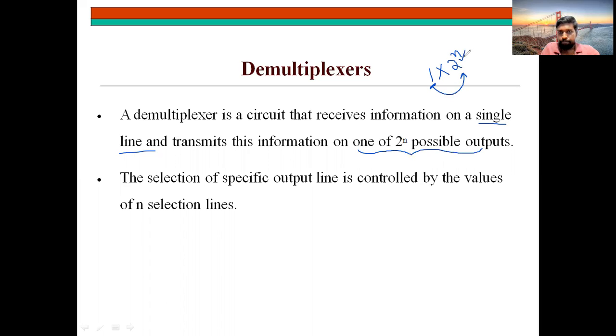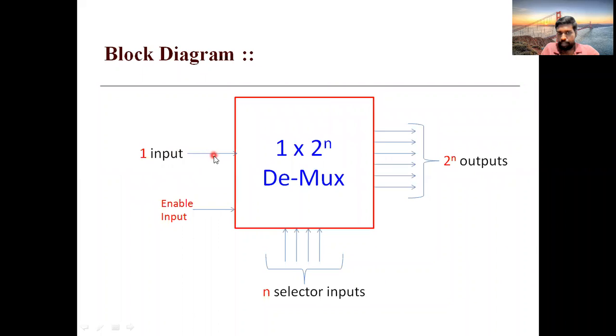Next. If you see the diagram, you will have only one input, n selector inputs, and 2 power n output lines. This n will decide in which output line this input should come.